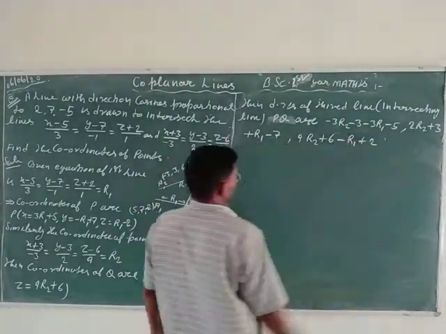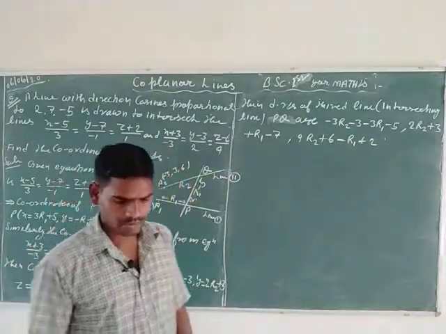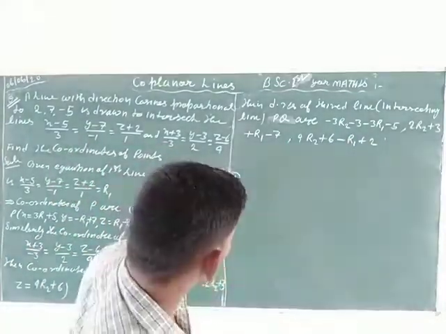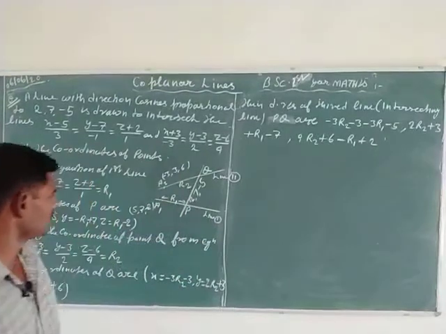These are the direction ratios of the third intersecting line PQ.